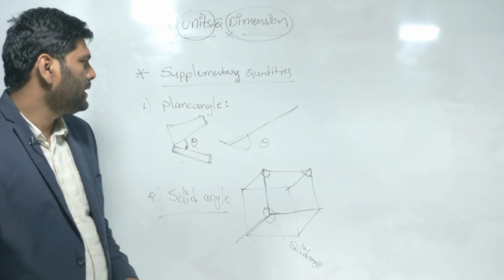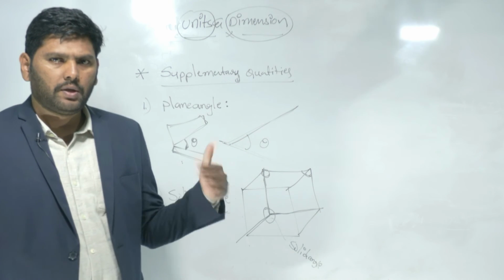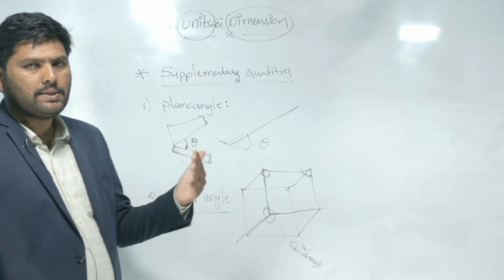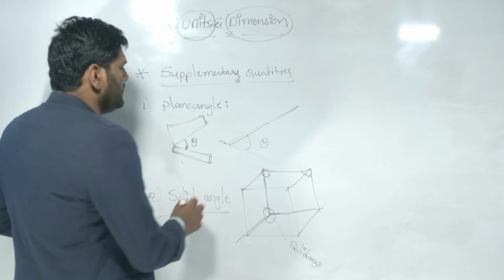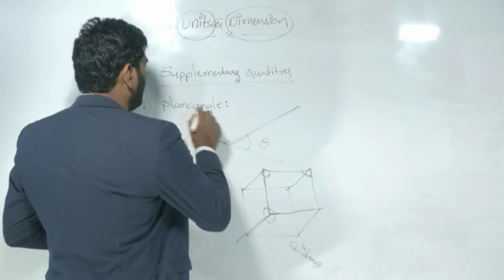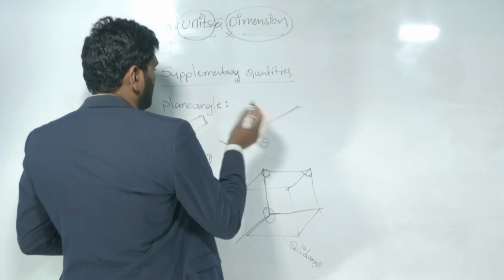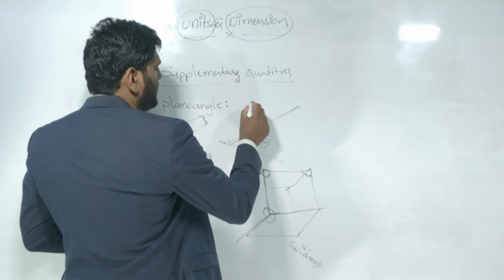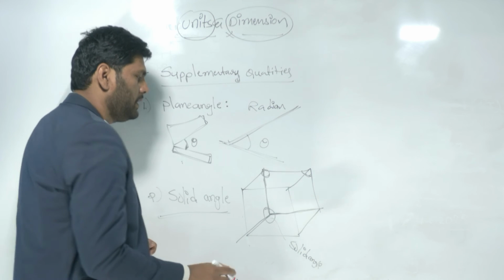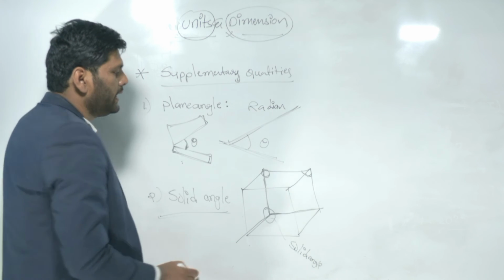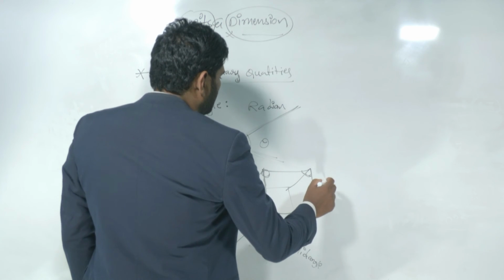Now let us give the units also. We will discuss them later, but now we will also discuss them here. The units for plane angle are radian. The units for solid angle are steradian.